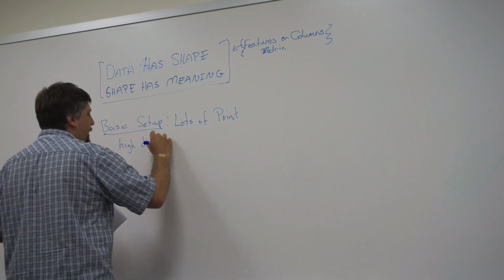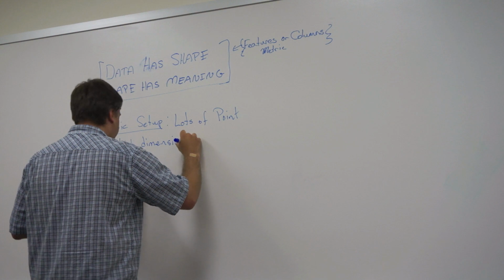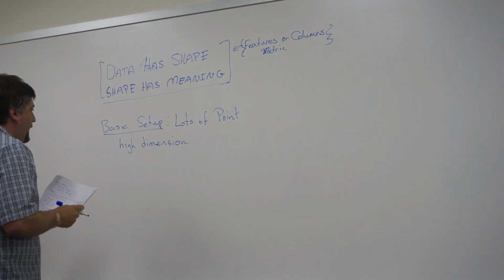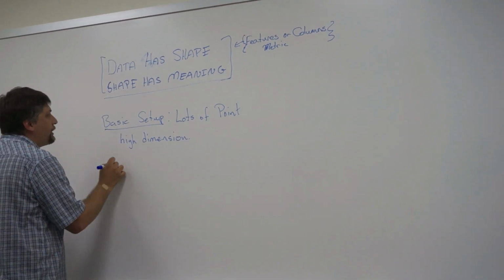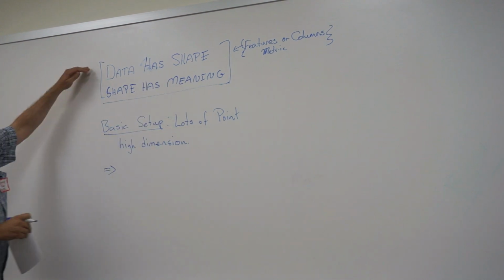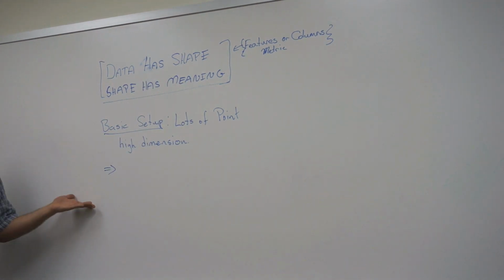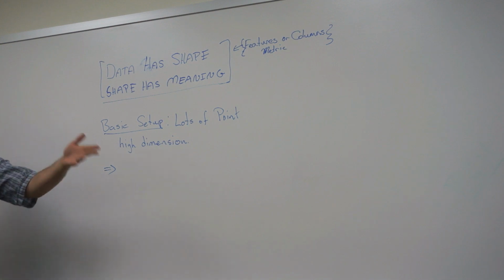There's a high-dimensional ambient space that everything's sitting inside of. The problem is that the shape, the thing I said is most important to us, is inaccessible. We can't see it, it's hard to touch, maybe it's poorly sampled.